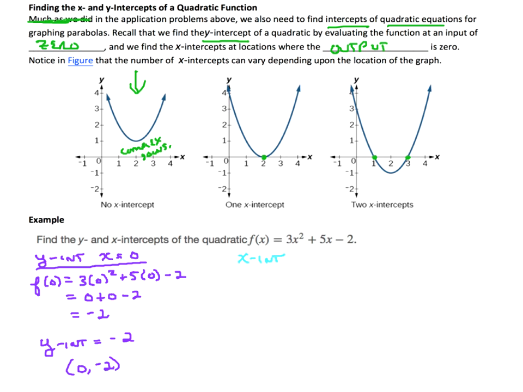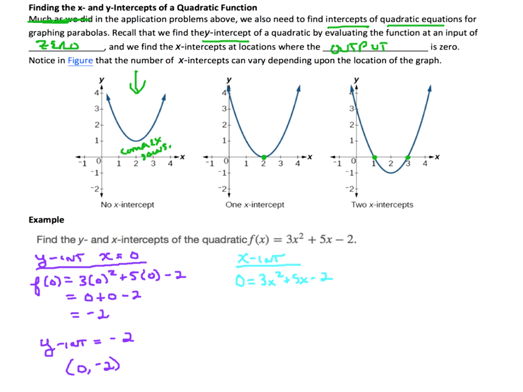And you do just the opposite for the x-intercept. You plug in 0 for y, or f of x. So 0 equals 3x squared plus 5x minus 2. Okay, we have a quadratic equation we have to solve here. This can be solved by factoring. Let me just make sure.